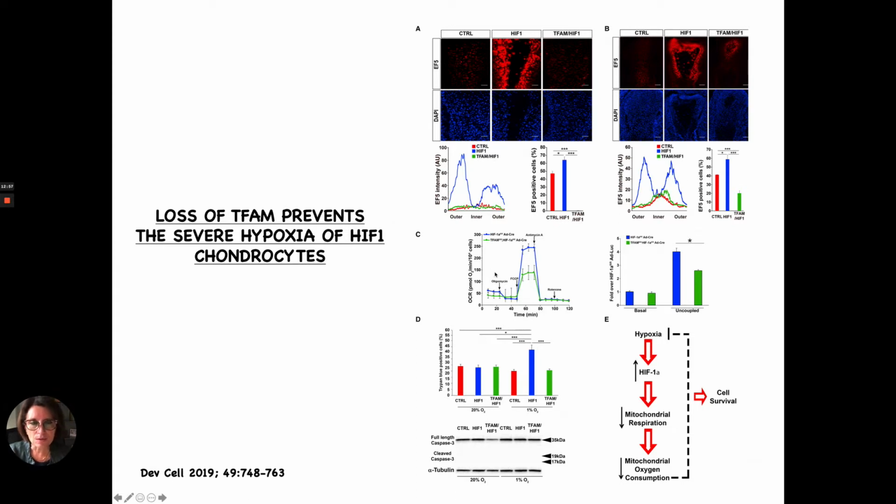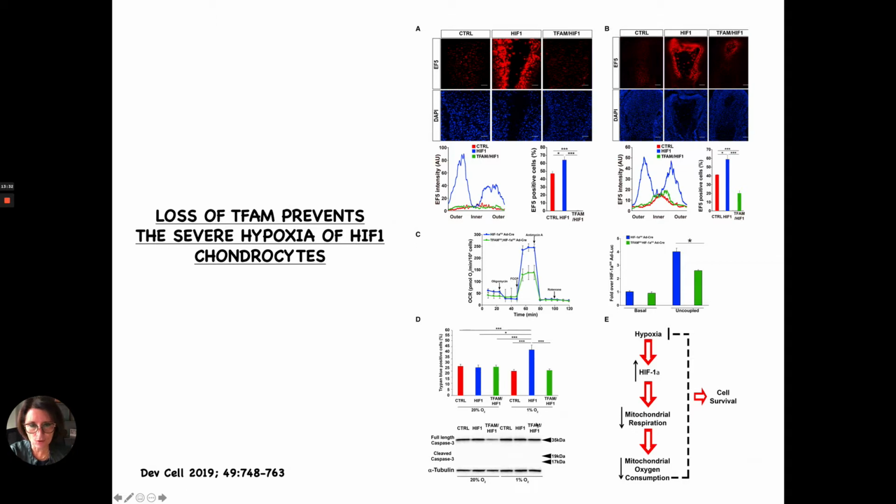And consistent with these findings, by Seahorse analysis, we see that the loss of TFAM, my apology, prevents the increased oxygen consumption due to the loss of IF1, in the uncoupled state. And even more interesting, when we culture chondrocytes in vitro, in the two different culture conditions and with the different genotypes, and we look at dead cells by trypan blue, we see that the only condition in which cell death is increased are hypoxic cells lacking IF1.